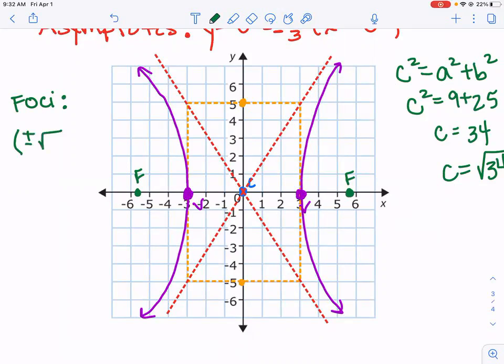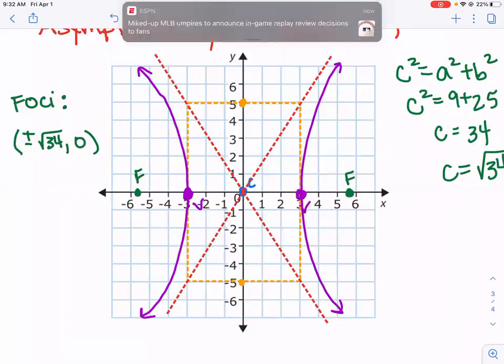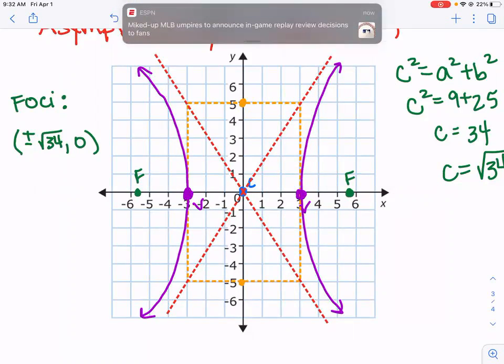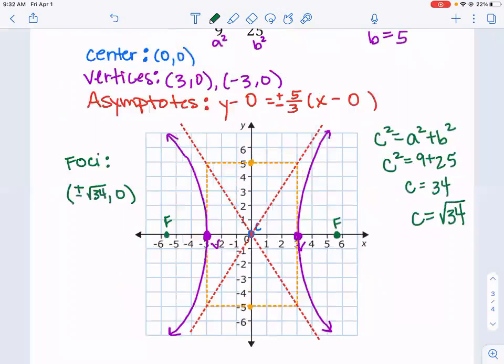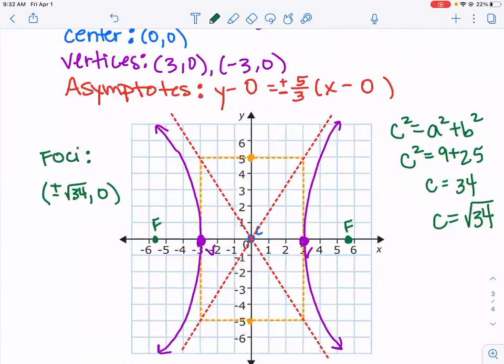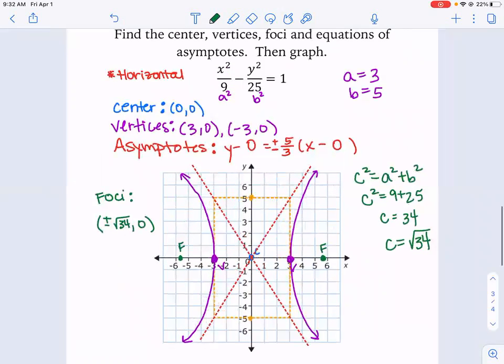Plus or minus radical 34. In both our ellipse and our hyperbola, the foci are C away. In both hyperbolas and ellipses, our vertices are A away. All right, what questions can I answer for you here?